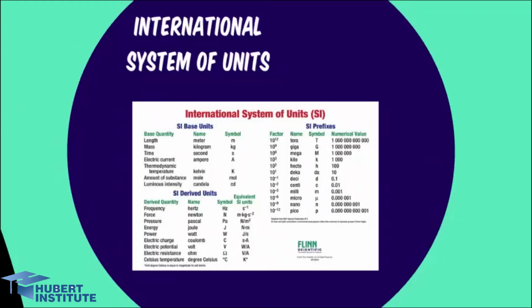On the other hand, we have SI derived units, which are derived from the SI base units. For example, in the case of frequency, which is a very important quantity, we use hertz as a unit. How do we produce hertz? We produce it from the second, which is an SI unit, by taking 1 over a second, and we make up the hertz.